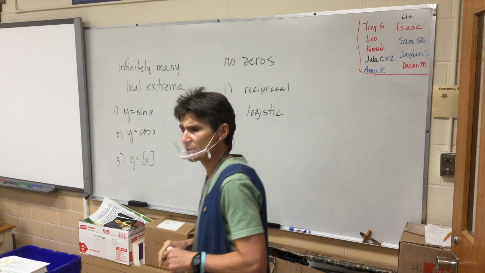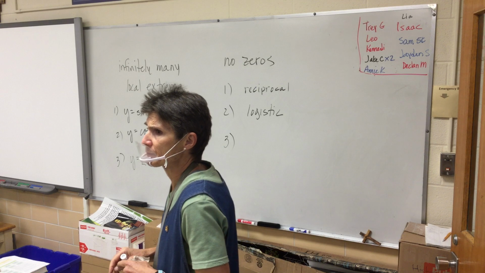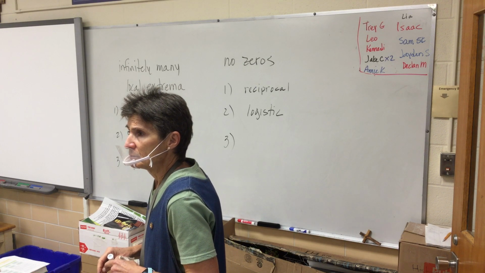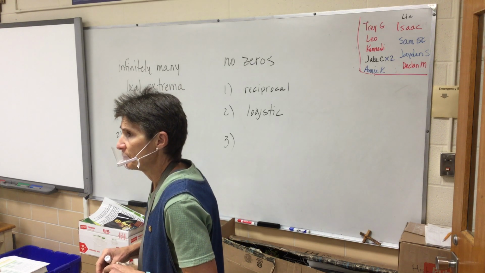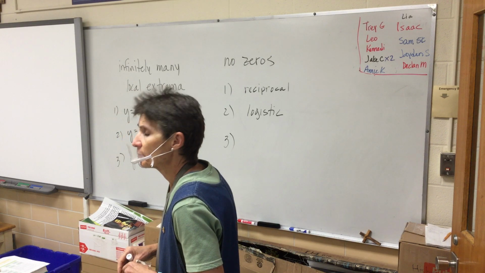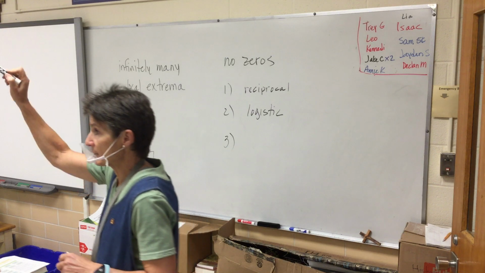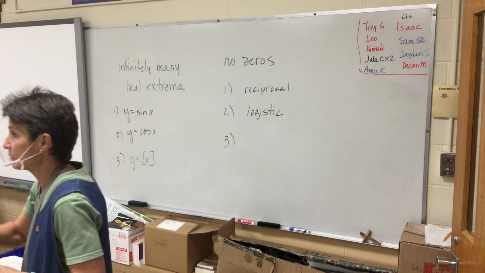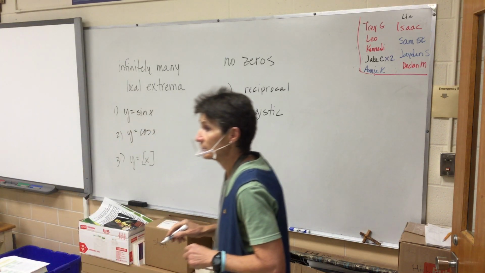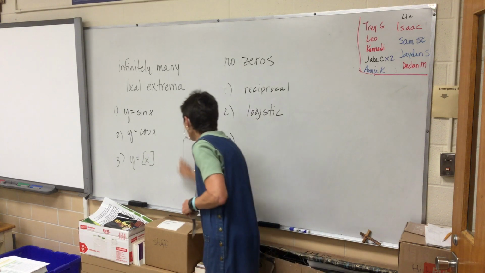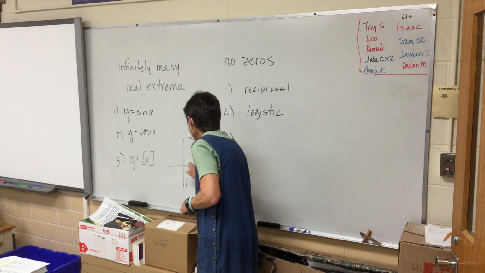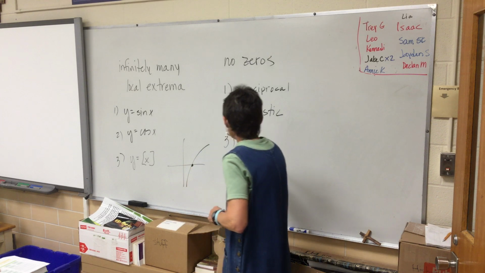Is there one more that doesn't cross the x-axis? Reciprocal? Oh, wait. Absolute value. Now wait, what does absolute value look like? Does it cross the x-axis? Yeah, that's the origin. Logarithm. Think about your logarithmic picture. Is it exponential? Yeah, it's exponential.